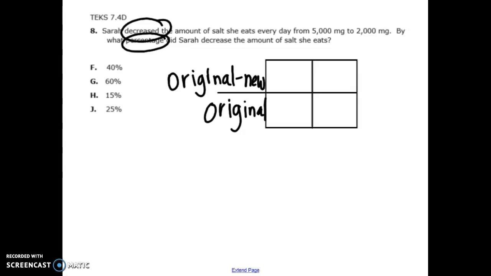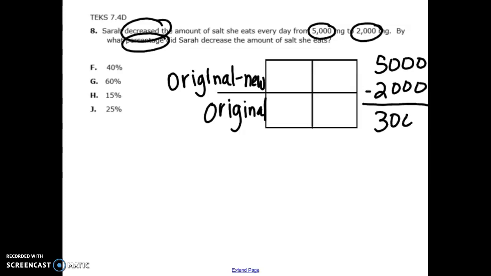So originally she had 5,000 milligrams, now she's down to 2,000. So 5,000 minus 2,000 is equal to 3,000. So 3,000 will be our subtracted answer. That goes there. But the original was 5,000, so 5,000 goes there. When it comes to the balance, our percentages are at 100.